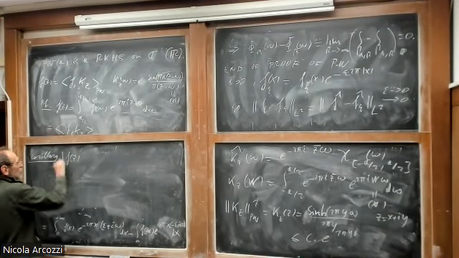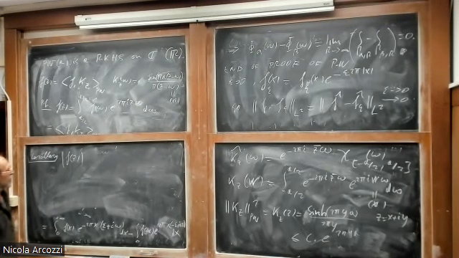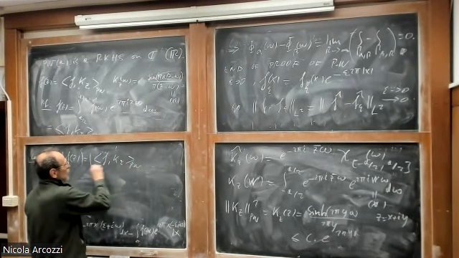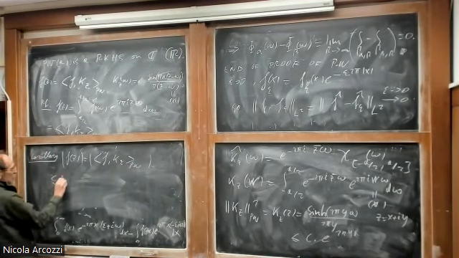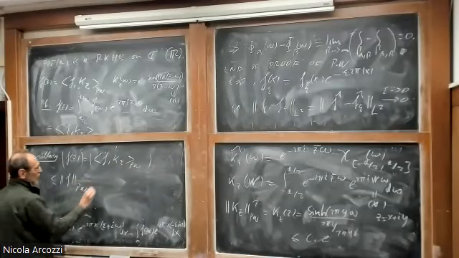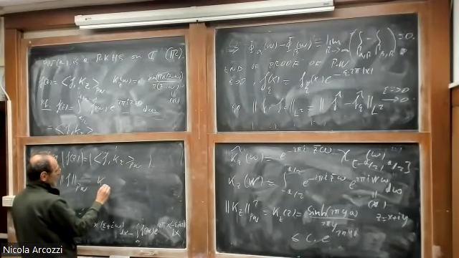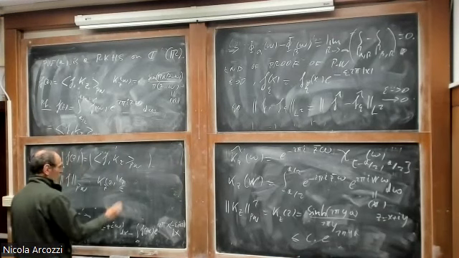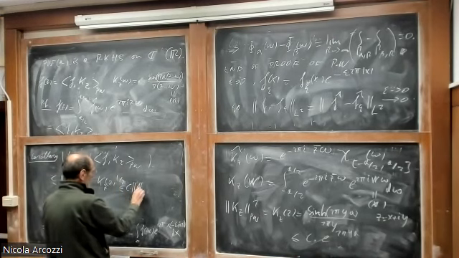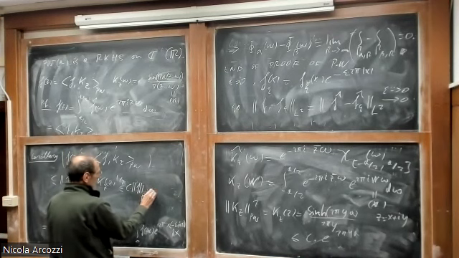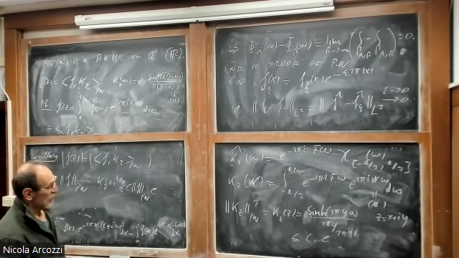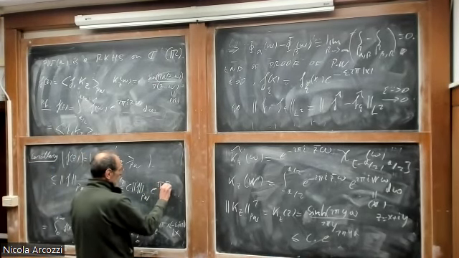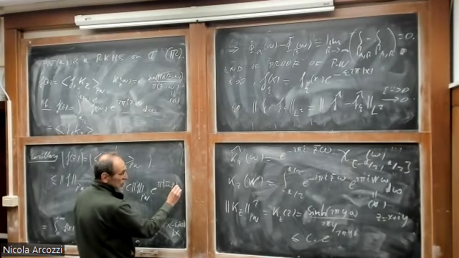According to the estimate, the constant is independent of z, and here you get e to the pi times the imaginary part.